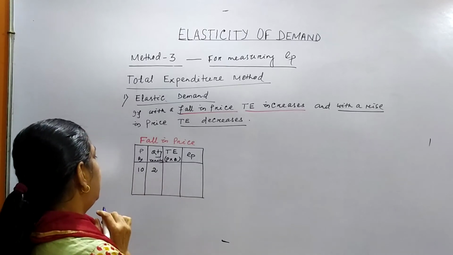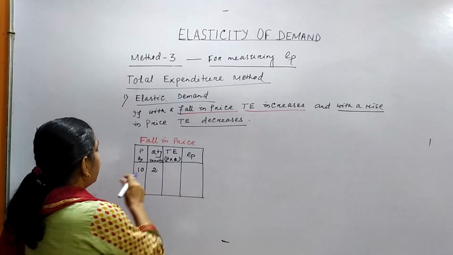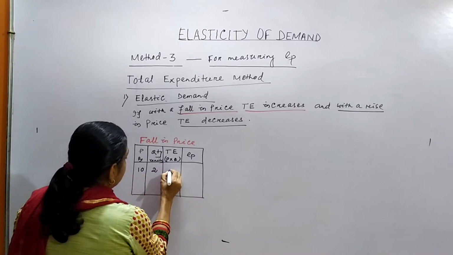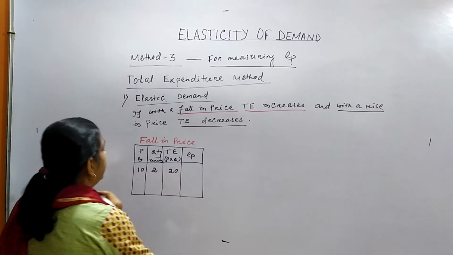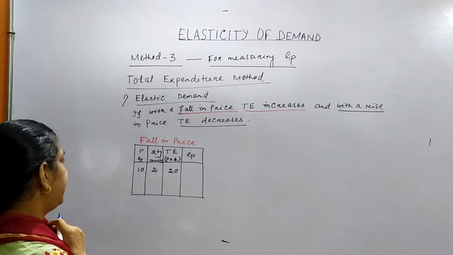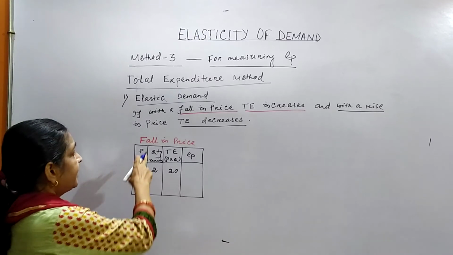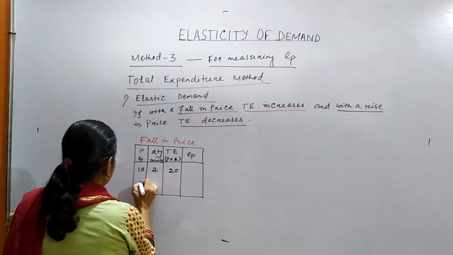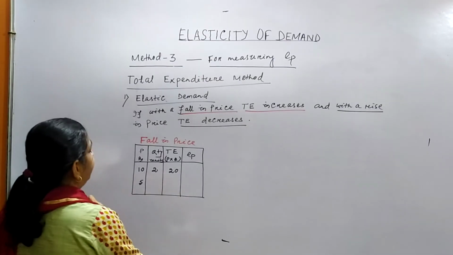Total expenditure is price times quantity, 10 into 2 equals 20. Now suppose the price falls to rupees 5.